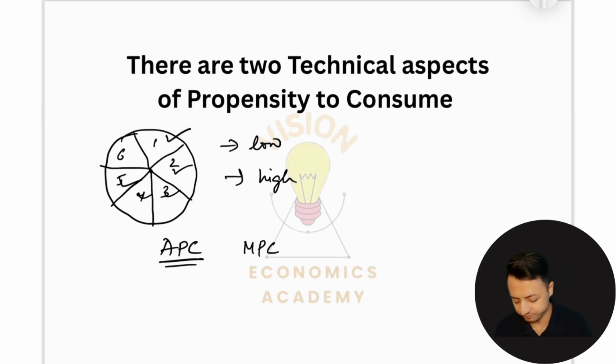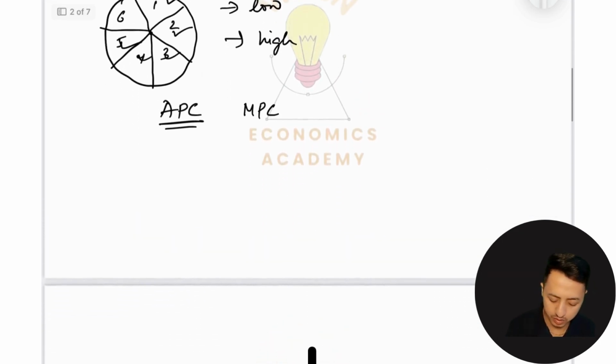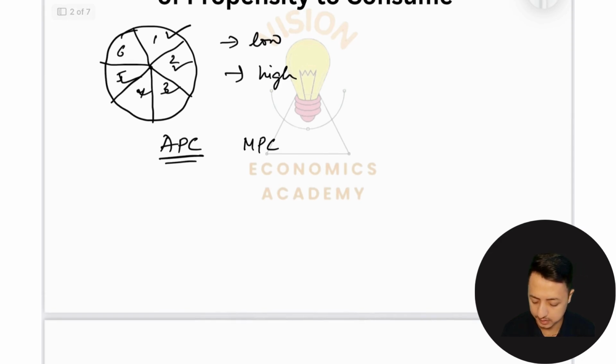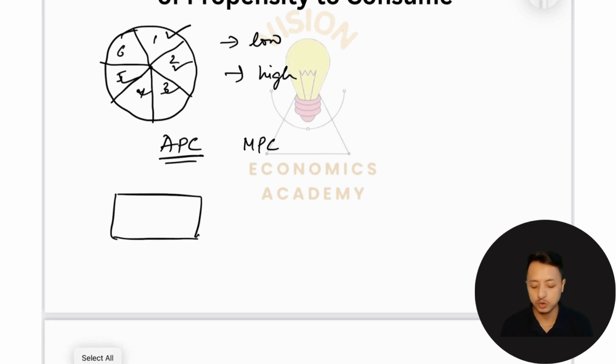Now to understand average propensity to consume, let's take an example of a cake. Suppose this is the cake, right? If you consider this whole cake as your income, and you took a slice of the cake and you consumed it, so this is average propensity to consume.